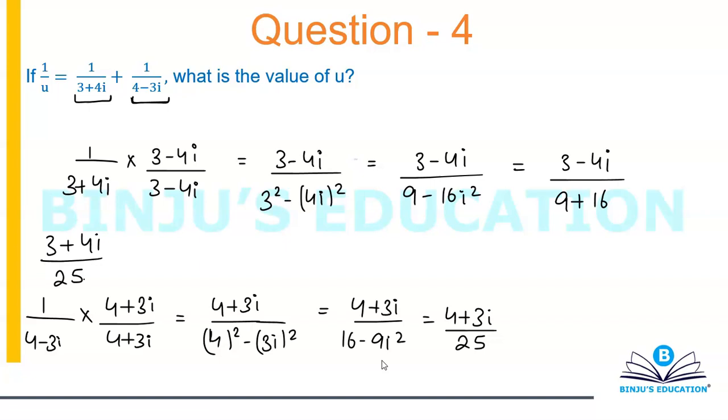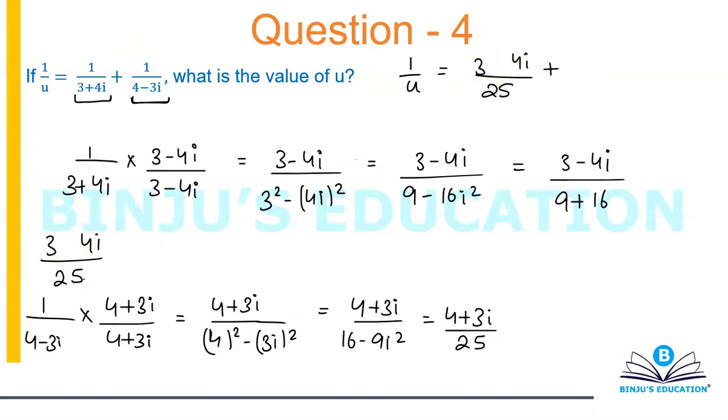So the bottom line is that this expression, 1 over u, will become 3 plus 4 iota by 25. Sorry, it's 3 minus 4 iota, not 3 plus 4. I've made that mistake here also.